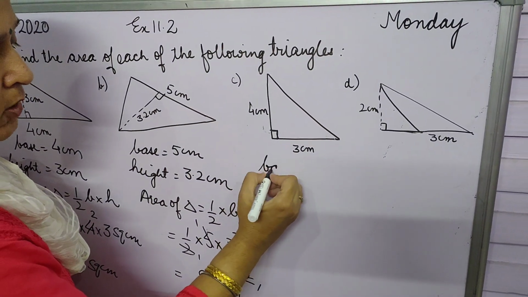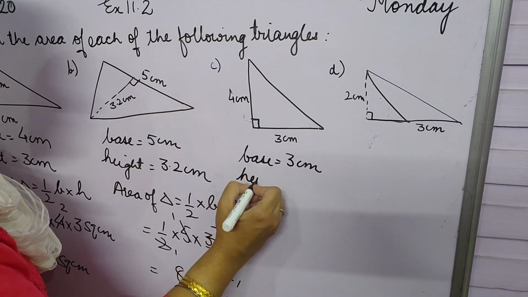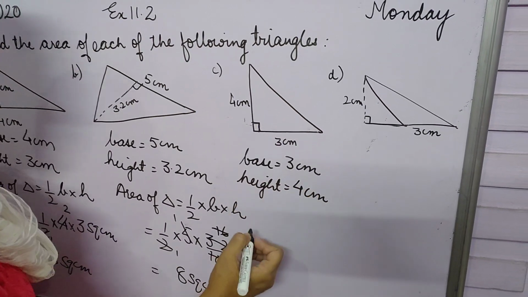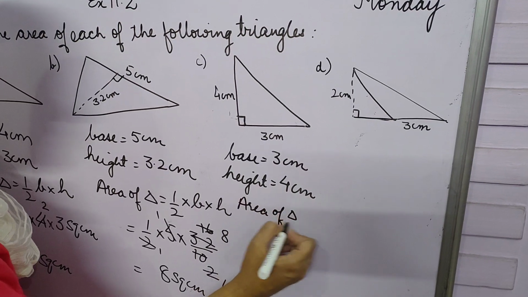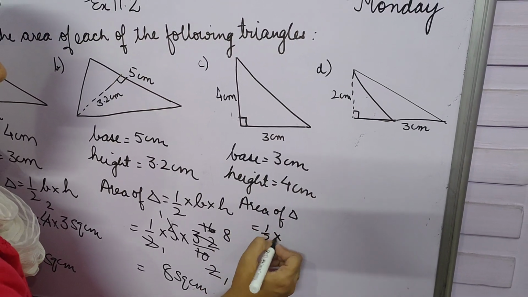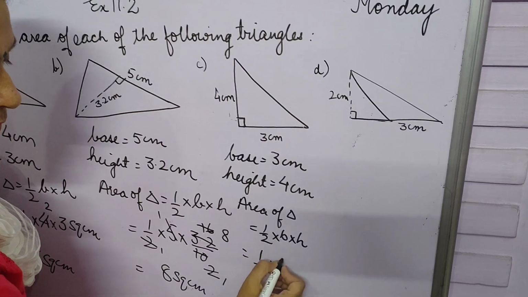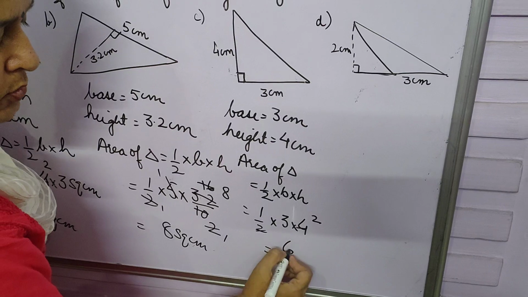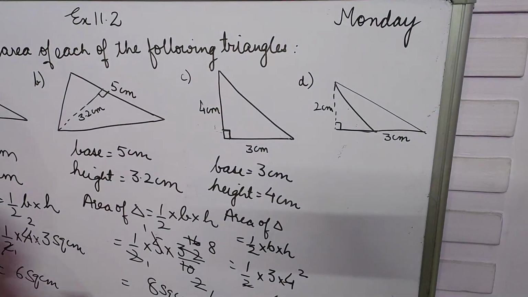So any of these two sides can be taken as base and the other side will be taken as height. So again, area of triangle is equal to half into base into height. So it will be half into 3 into 4. Cancel it by 2. So it is 6 square centimeter.